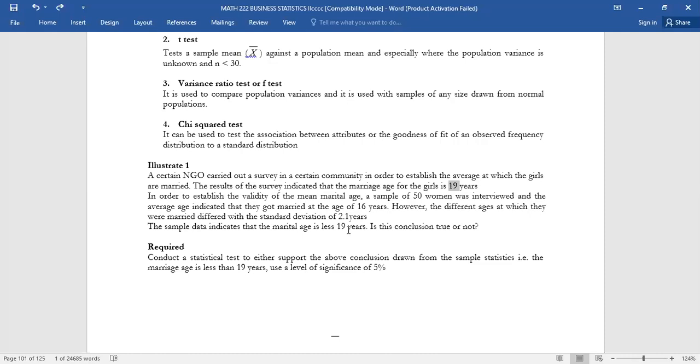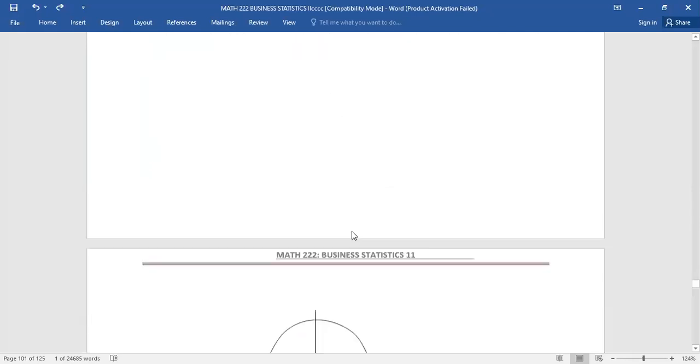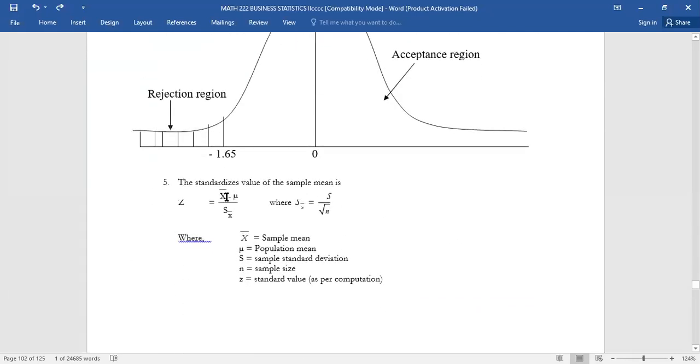If you look at our previous class, we had the test statistic for the sample mean. I'm just applying this formula. 16 minus 19 is my numerator. Then my denominator is the standard deviation, which is 2.1, over the square root of the sample size, which is 50. What do you get?